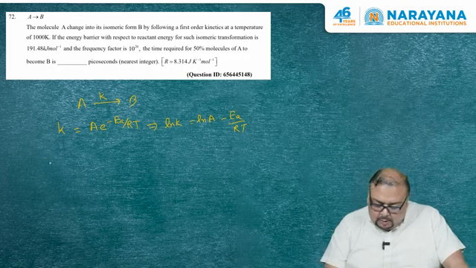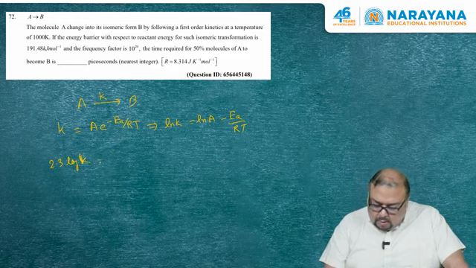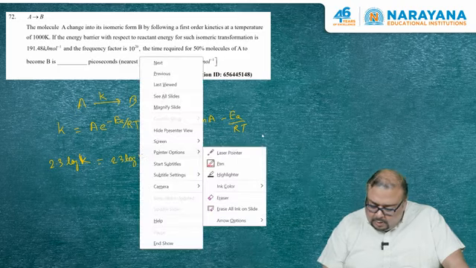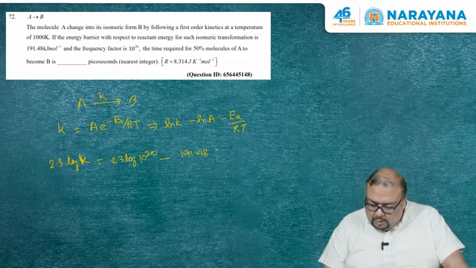Now ln of K will be 2.3 log of K. Okay, and that will be equal to 2.3 log of A, and A value is 10 to the power 20, minus Ea, which is 191.48 into 10 to the power 3. This is very important.